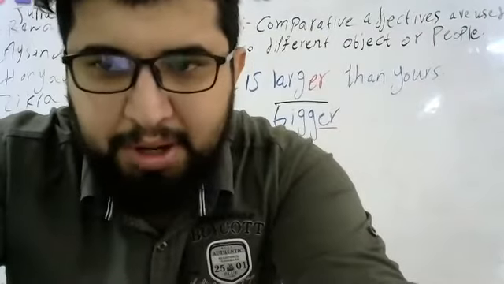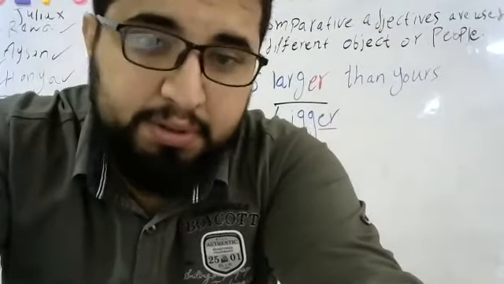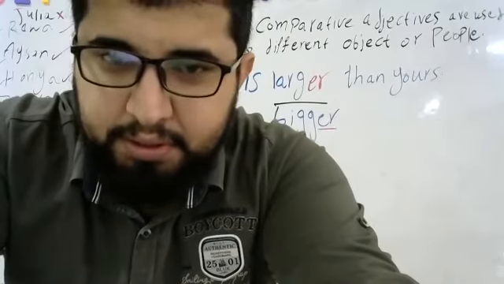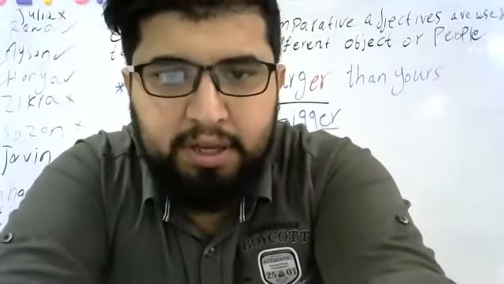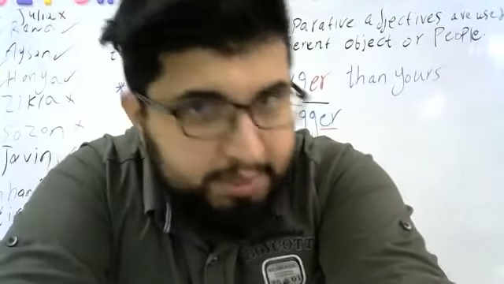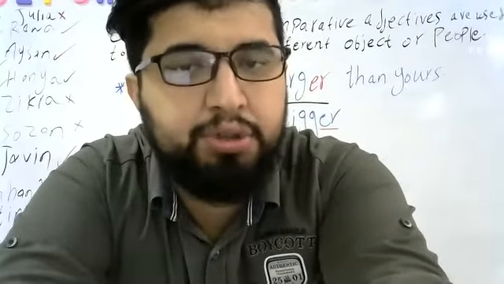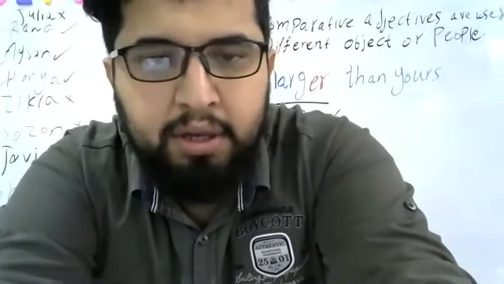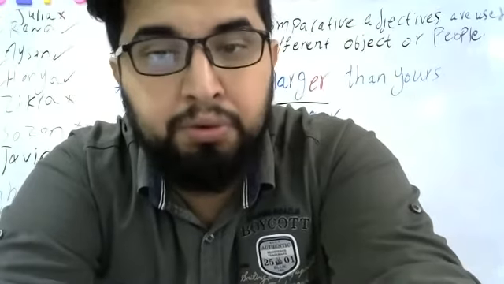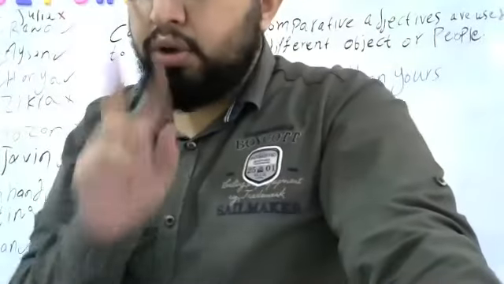Now, let's talk about something similar to that, but it has a difference. What is the difference? Let's see that. So, superlative. Superlative is an adjective too. The adjectives are used to describe an object which is at the upper or lower limit of the quality in a group. What's the difference between superlative and comparative?